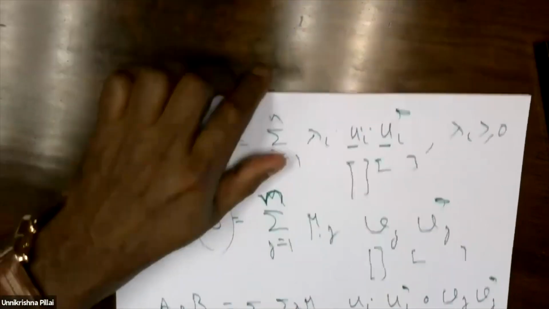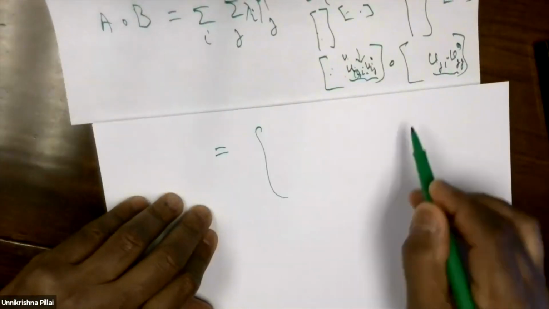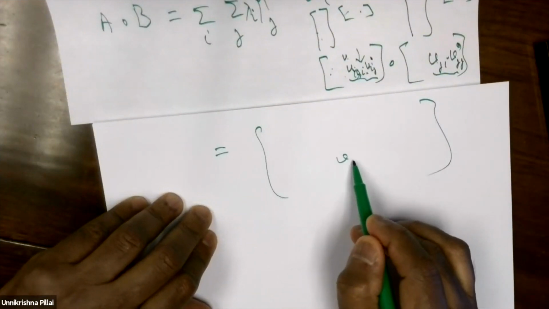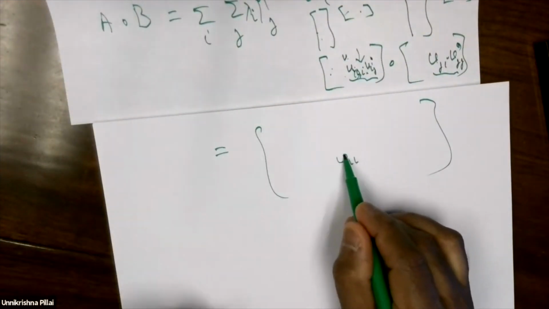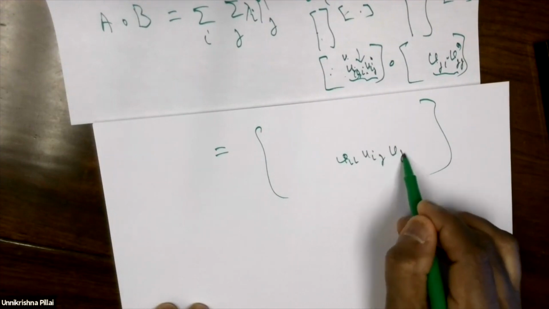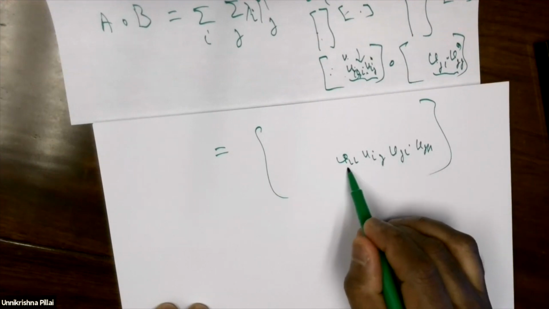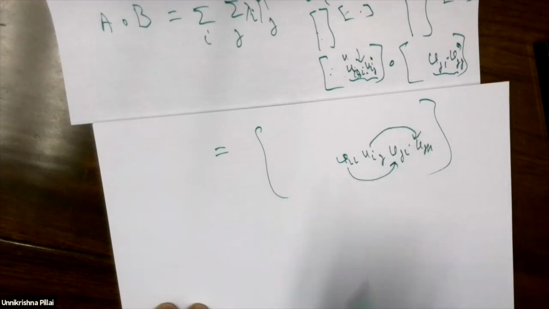You have to obviously follow this. So the entry will be here, uii, uij, vji, vjj. But you see, I can group these two together, I can group these two together.